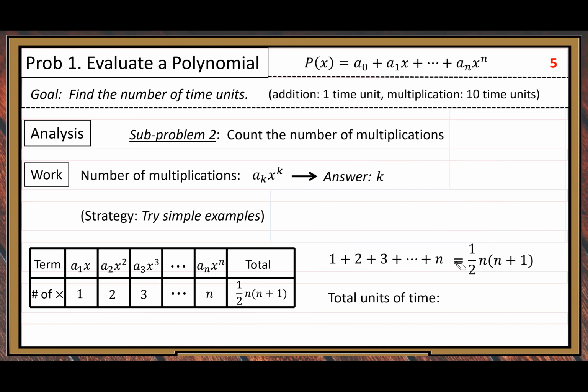Each one is one unit, so we have n units. But for multiplication, each multiplication takes 10 units. 10 times 1/2 n times n plus 1. 1/2 times 10 is 5, so you get this expression: 5n times n plus 1. So the total number of time units is 5n squared plus 6n.